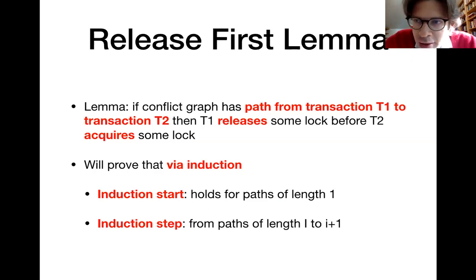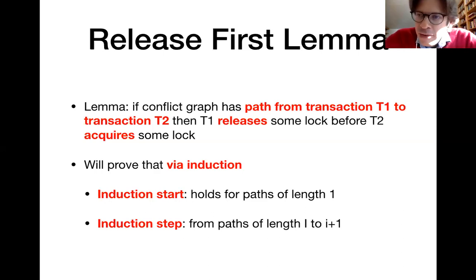So very important, we don't even require that transaction 1 and 2 are releasing and acquiring locks on the same object. It could be different objects. But if there's a path from one transaction to the other one in the conflict graph, then the first one must release a lock on some object before the second one acquires some lock.